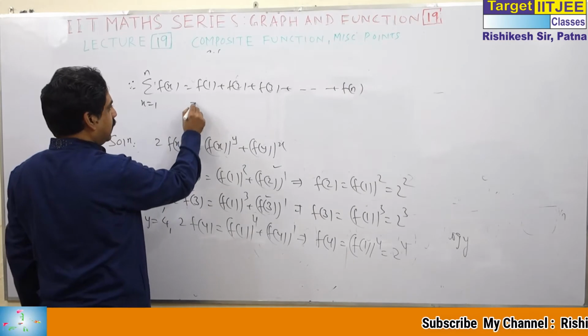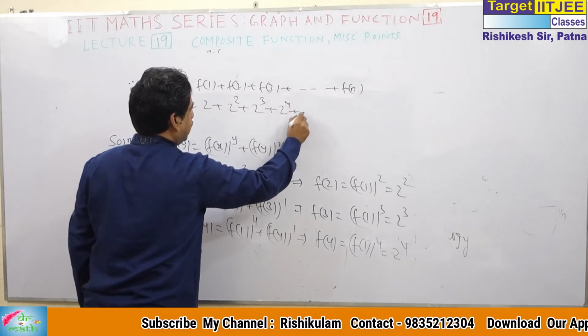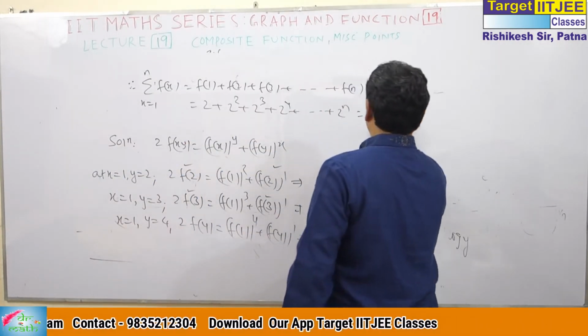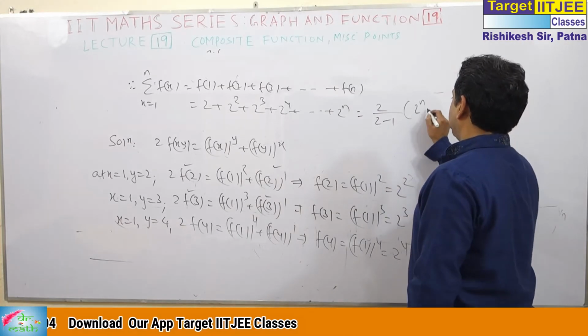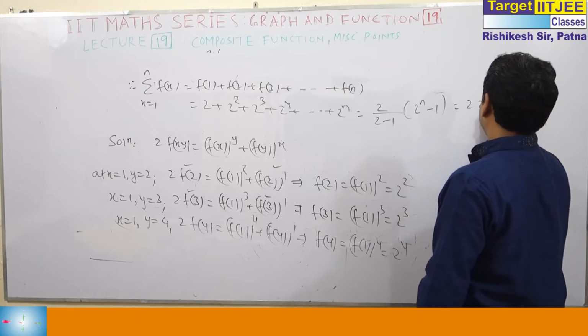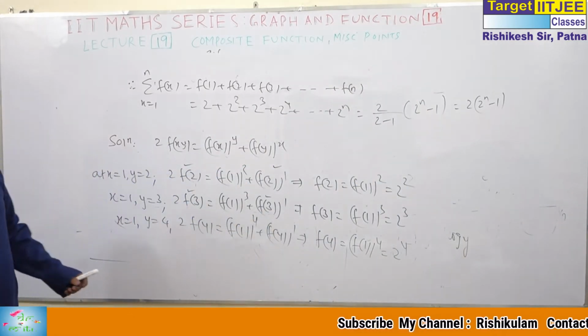This is a GP. You can get a series in AP, GP, or AGP. As per the function, this is 2 by 2 minus 1, times 2 to the power n minus 1. So finally we get 2 into 2 to the power n minus 1. This is the answer.